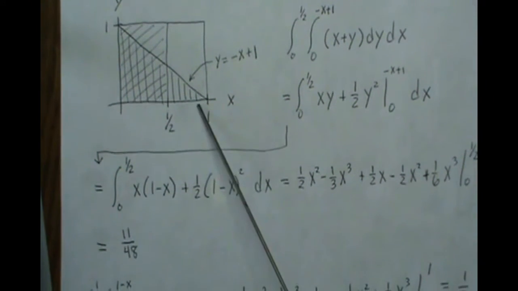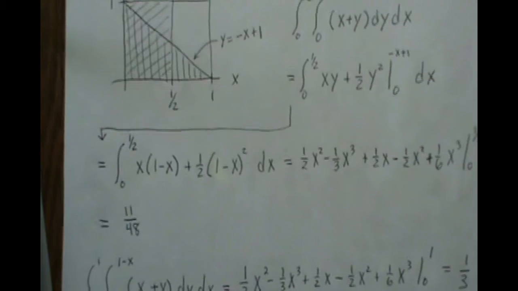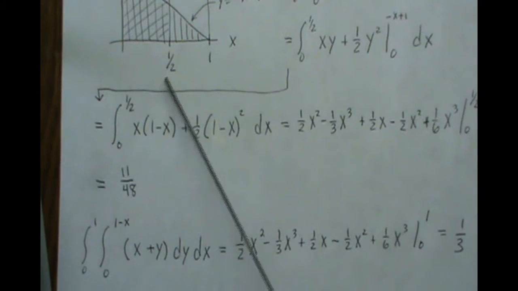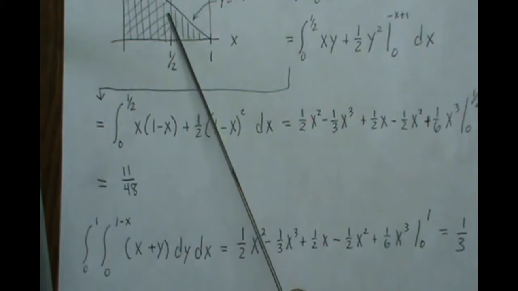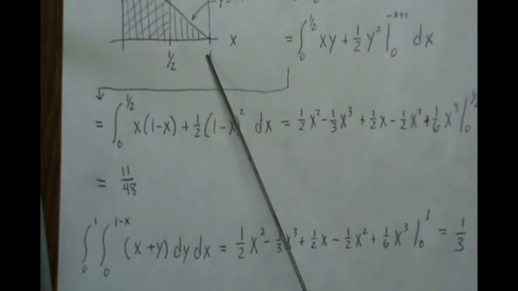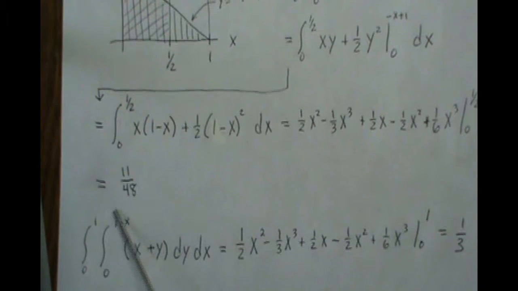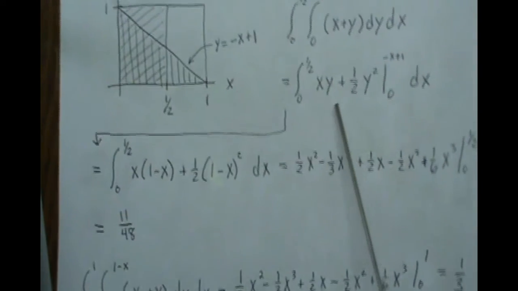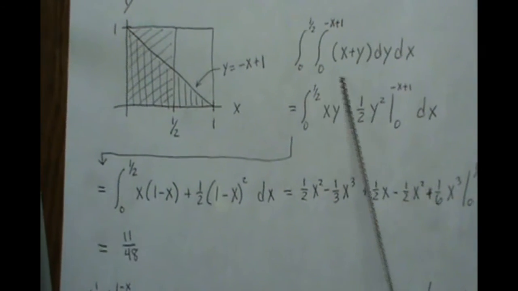So now we have to find the denominator, which is that whole region, and so we're going from 0 to 1 minus x, and then 0 to 1. But this first integral here is exactly what we did here.